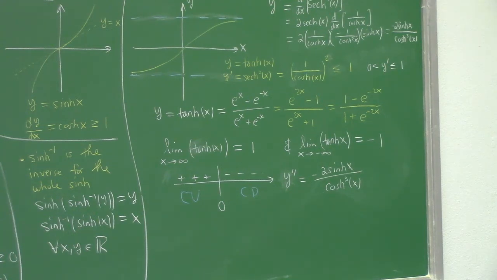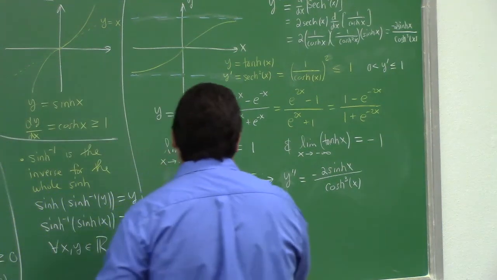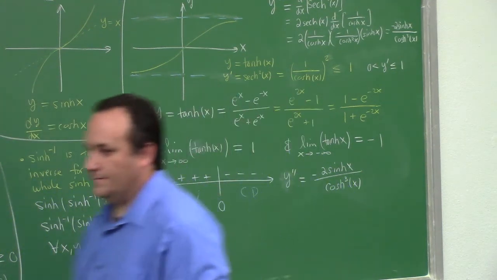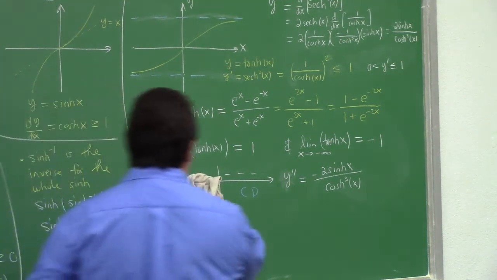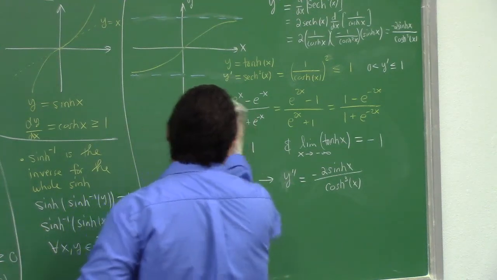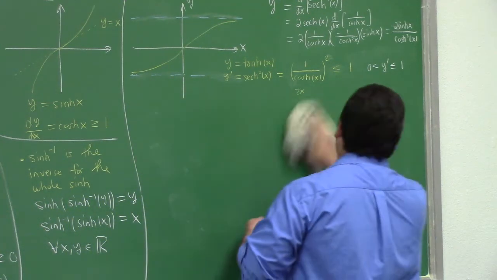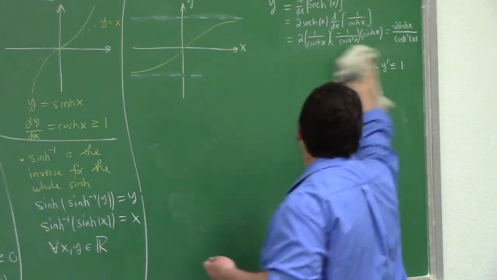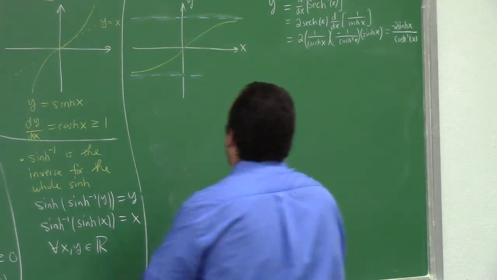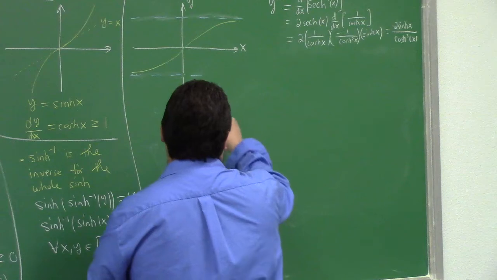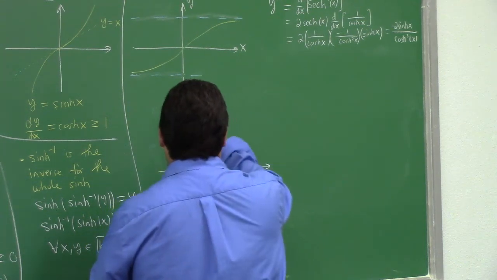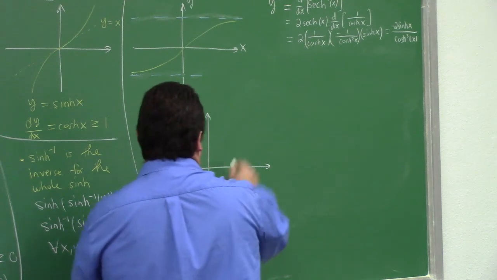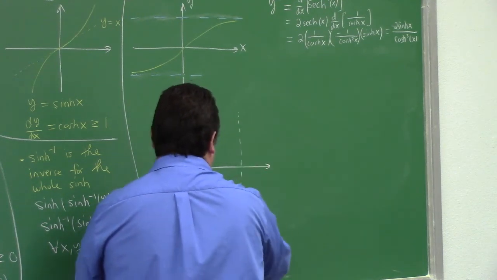When you look at the graph of a function versus the graph of its inverse function, you expect to see the roles of x and y interchanged in the graphs. And so what's going on here is that the graph of inverse tangent has vertical asymptotes at plus or minus 1, right?